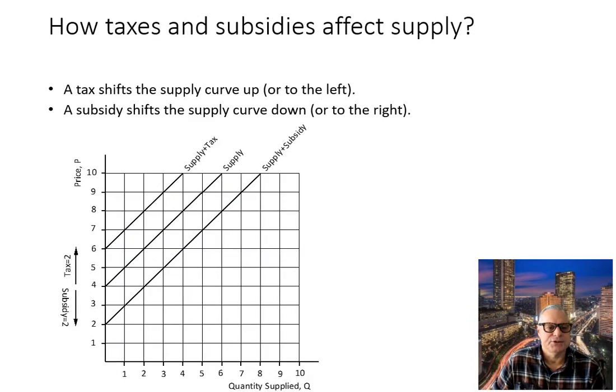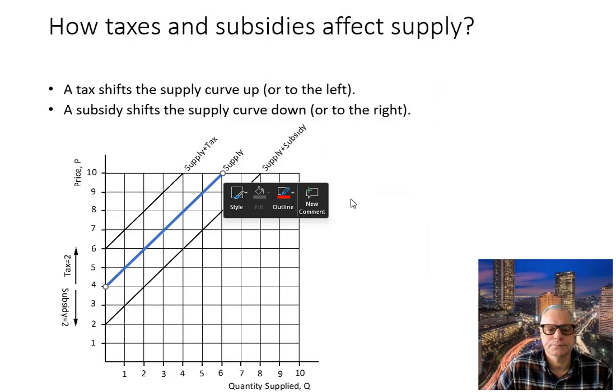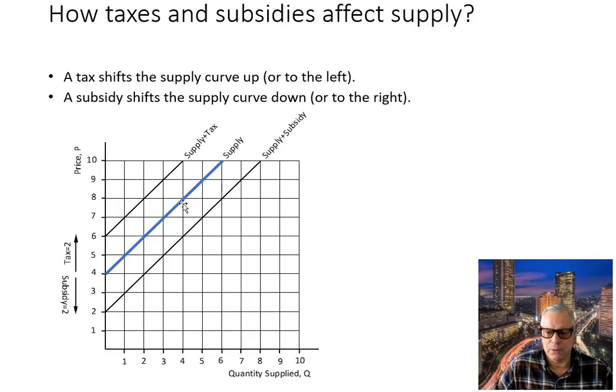Okay, let's talk next about taxes and supply. They are also very important determinants. So let's say we start with our supply function, which is here. And now let's say the government taxes the supply. So let's say you produce something which is considered to be bad, like, I don't know, tobacco or soda.